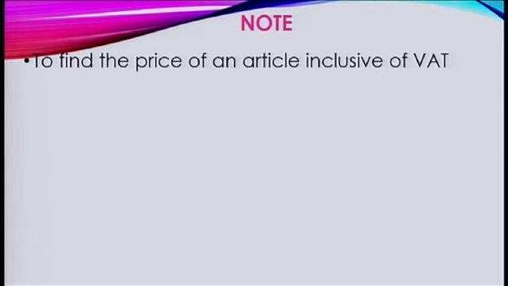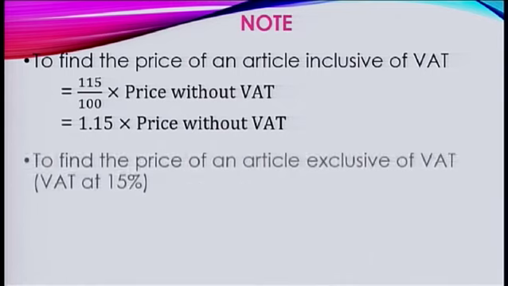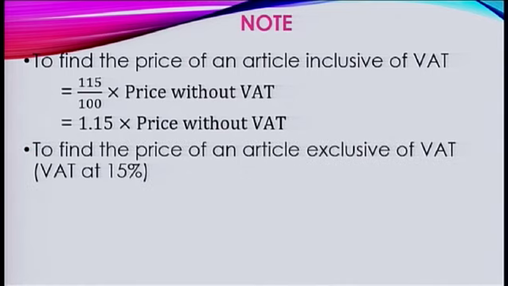Now that's a note for you. To find the price of an article inclusive of VAT, remember I told you that these words are important. Inclusive of VAT, what do we do? Simple: 115 over 100 times the price without VAT. And this is the same thing as 1.15 times the price without VAT. Now, suppose that you want to find the price of an article exclusive of VAT.